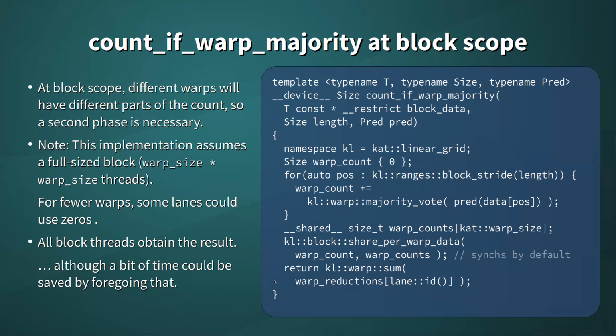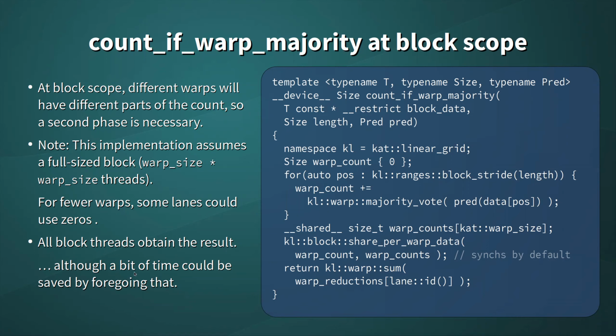If you want only one thread in your block to have the result of the COUNTIF majority, because, for example, it's going to write it to global memory later on, then we would not run this for all warps, and that would save a bit of time. But if you want everybody to have the result, then this is what you would do.